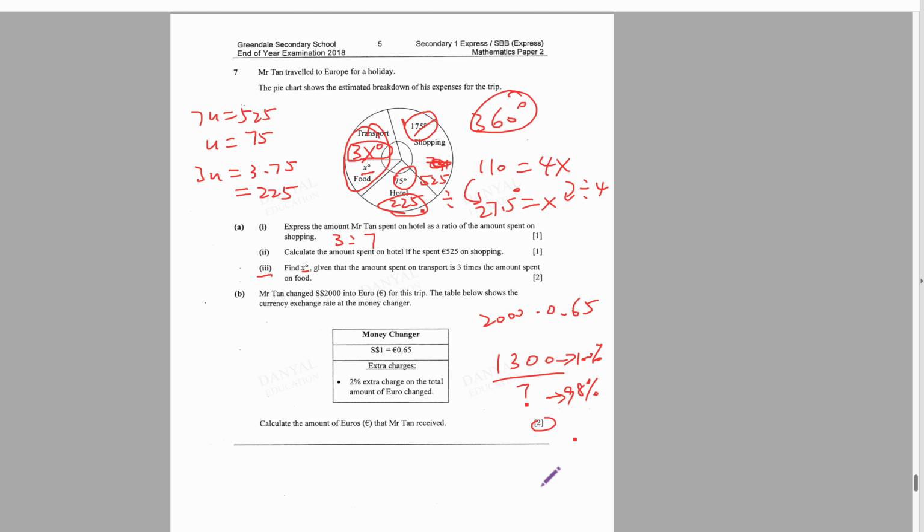Mr. Lu, like my math teacher, says that now, the 7U, sometimes she doesn't want the U at that part. She wants to change the 7U equals to 525. She says that the 7U equals to 525 is not correct.